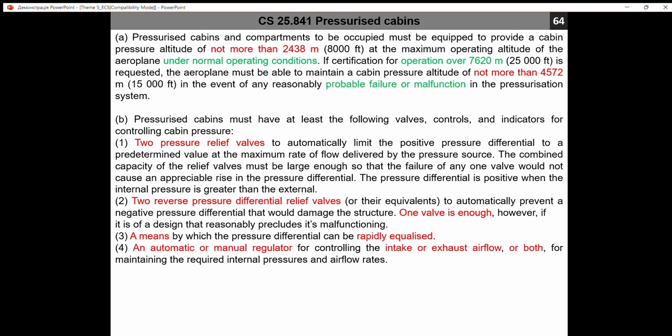In this manner you reduce loads on the structure, so you may make it lighter, because the strength depends directly on the weight of the structure.